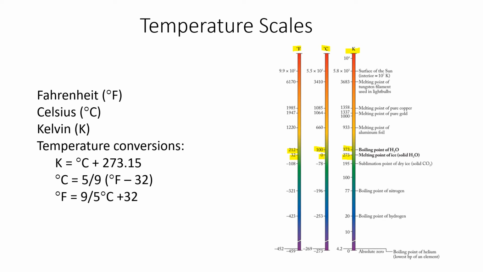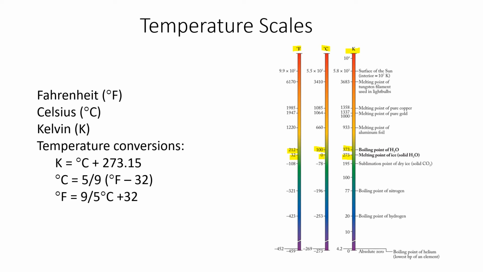So right away, just with this information, we can do a little comparing and contrasting between the temperature scales. The first thing we can say is that Celsius and Kelvin have the same unit size. What do I mean by unit size? That means for water, in Celsius, from freezing to boiling is 100 units, 0 to 100.